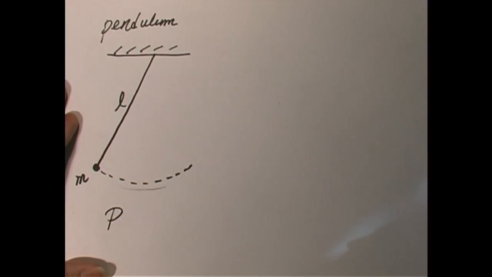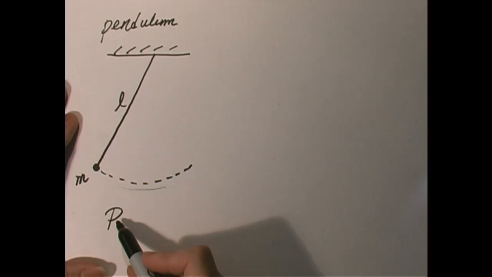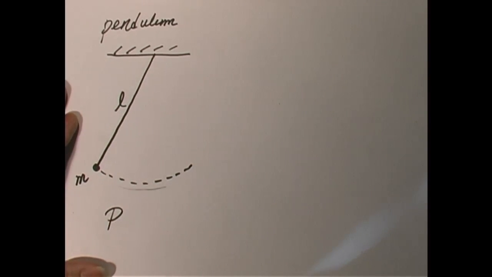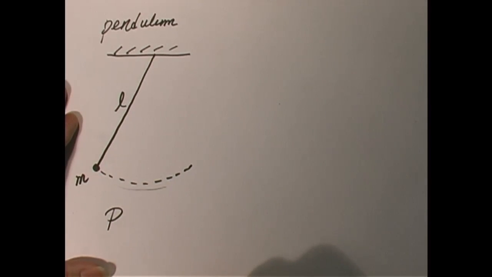Now we want to know how P is determined by those other parameters such as m and L and so forth. So we want to determine a formula for the period P of the pendulum. That is the idea.